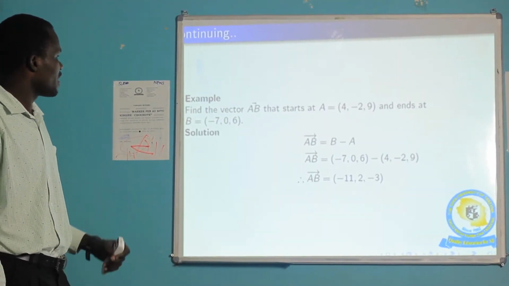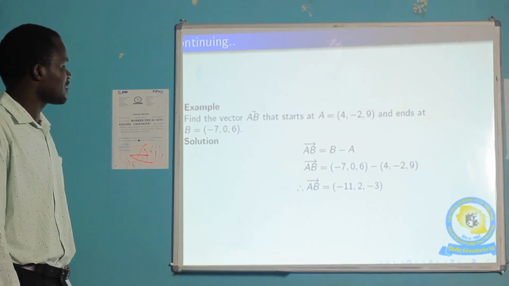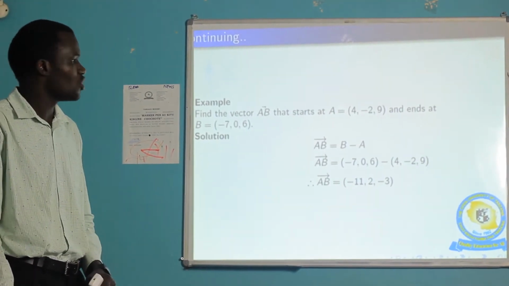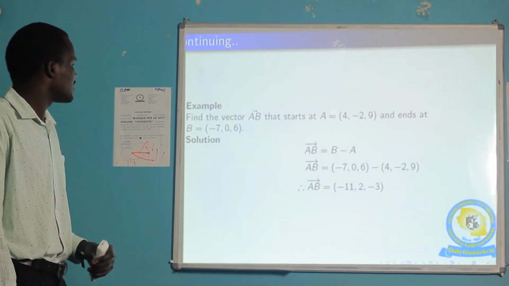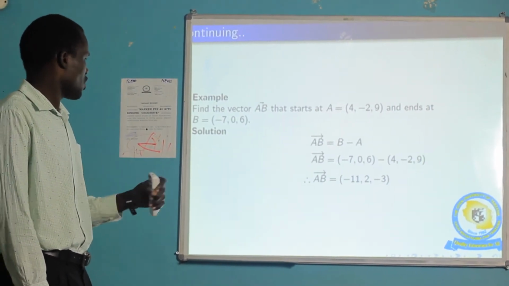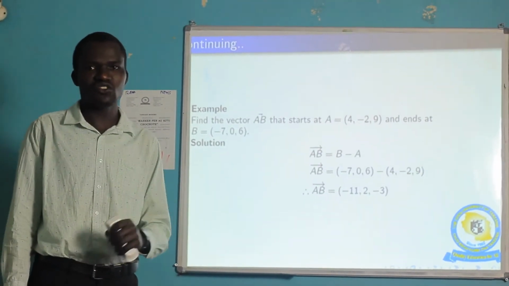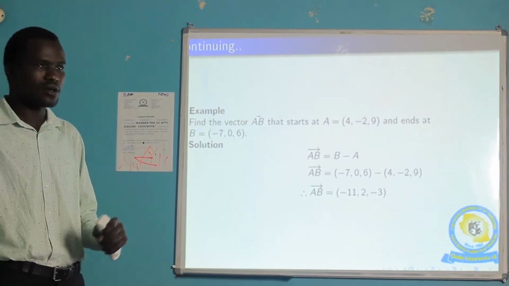Example: find the vector AB that starts at A equal to (4, -2, 9) and ends at the terminal point B, which is equal to (-7, 0, 6).